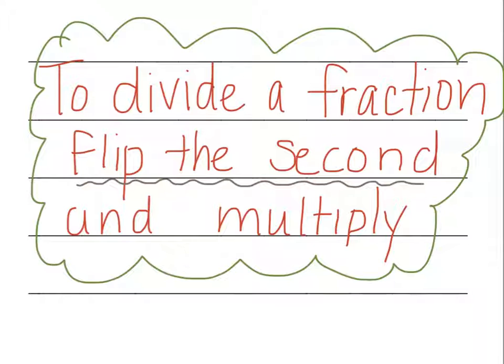That's the flipping, fancy word for flip. So make sure you have that written again in your notes, and we'll practice and look at it a little bit more tomorrow, as well as looking at a little bit with the pieces, fraction pieces, so you can kind of get a little better of how it works. But I don't want you always to have to draw it out. So that's why I need you to know mathematically this is how we divide a fraction.